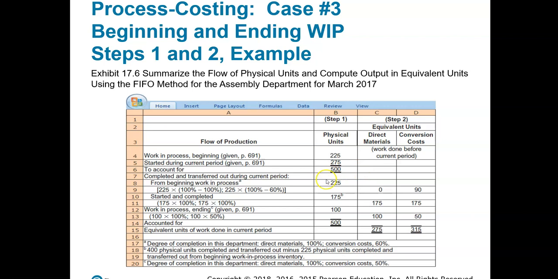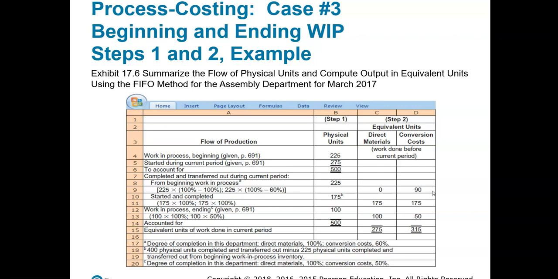So I'm going to take my 225 units that were left over from the beginning period, multiply that by the 40% remaining conversion I had to do this period, and when I take my 225, multiply that by 0.40, I will get 90 equivalent units.